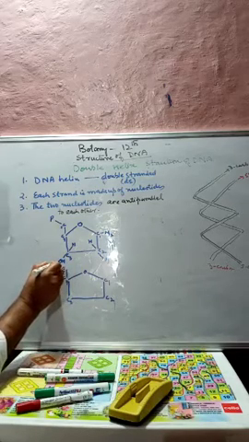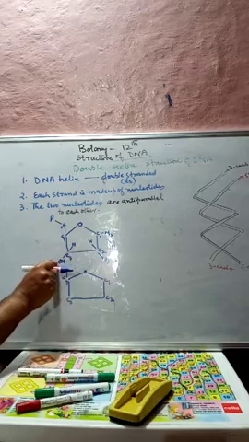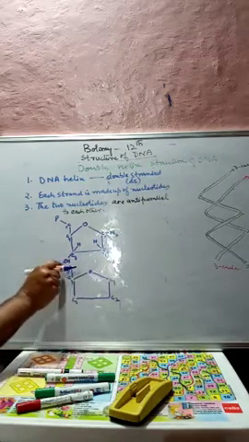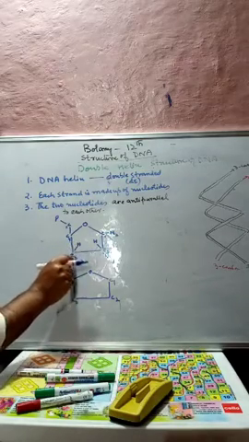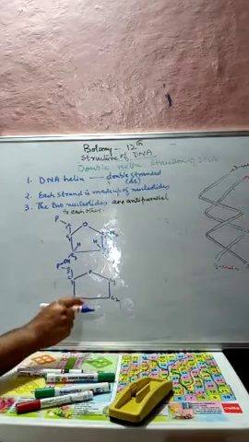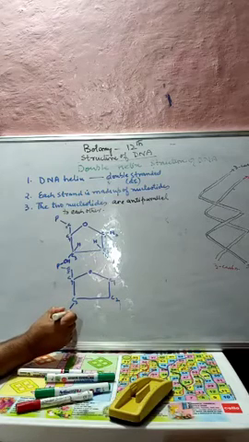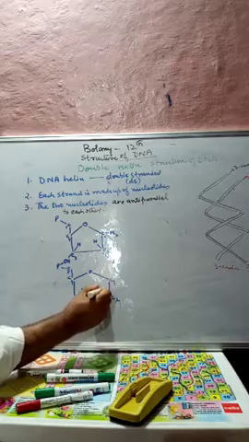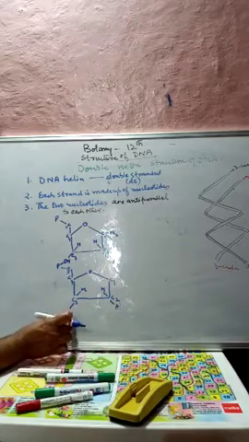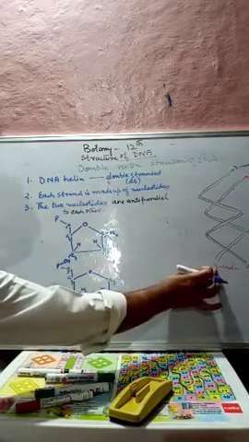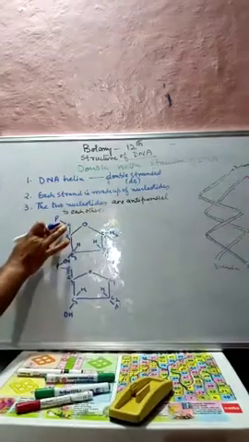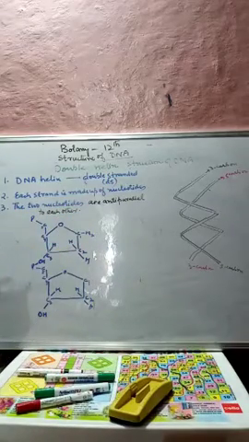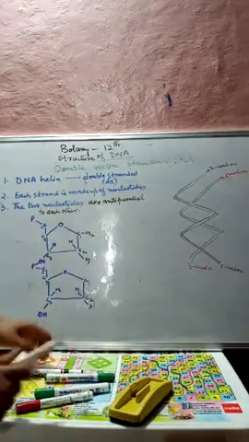Now this phosphate group is attached with the C3, third carbon. This phosphate group of this nucleotide is attached with this phosphate. So here this functional group OH is free, and at the top it is the fifth carbon which is free.